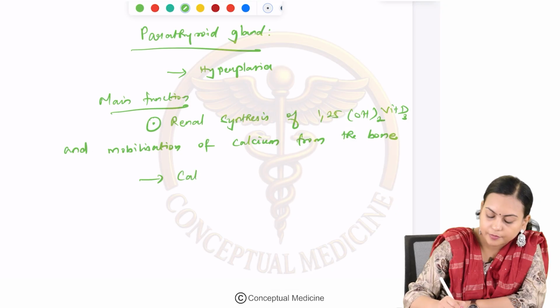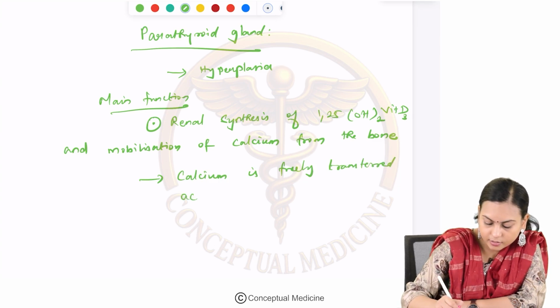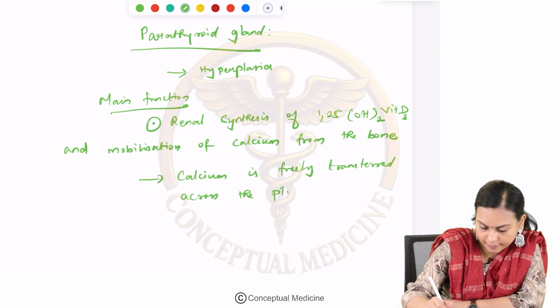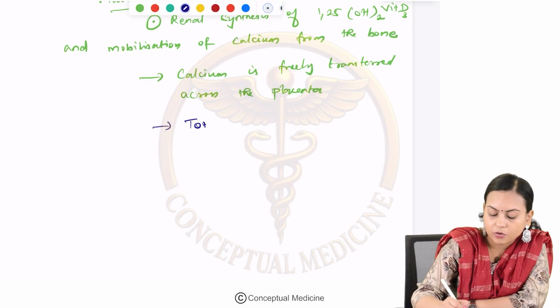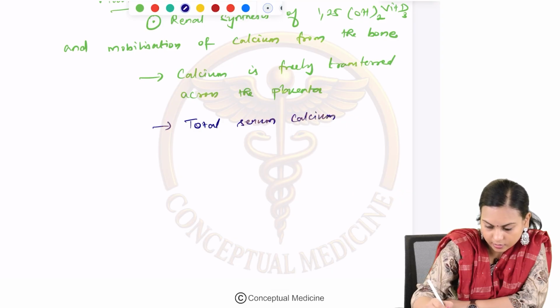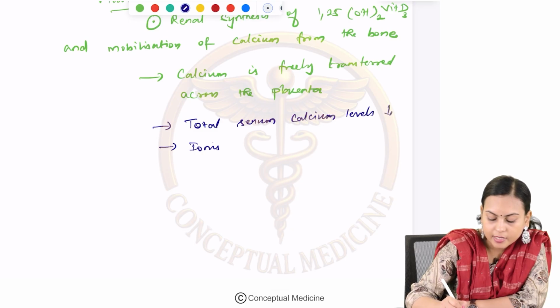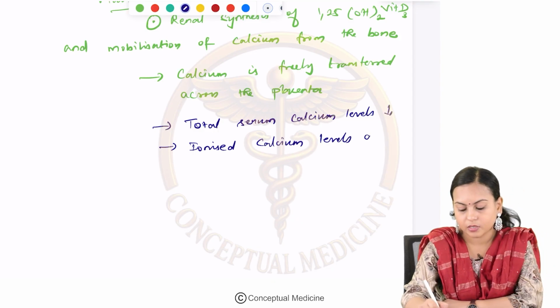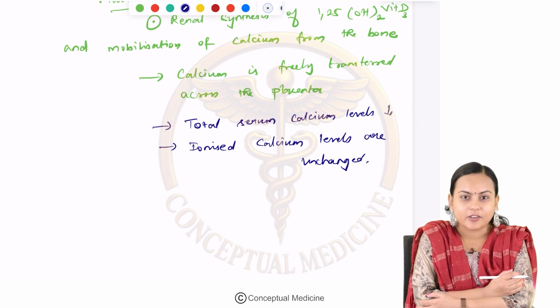Now this calcium is freely transferred across the placenta. So what happens is total serum calcium levels fall, but ionized calcium levels are unchanged. With this, we are completing endocrinology in pregnancy.